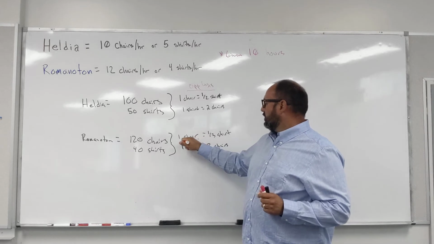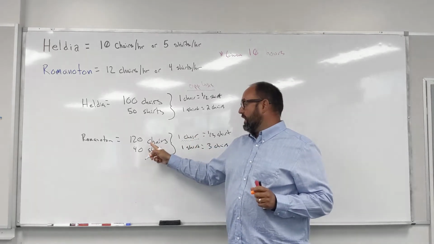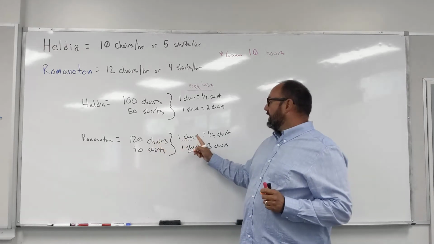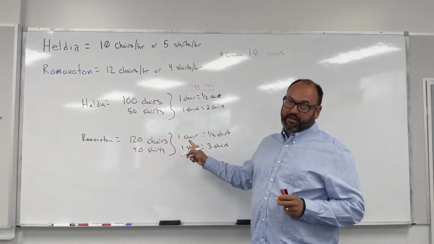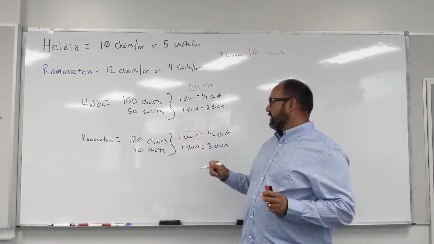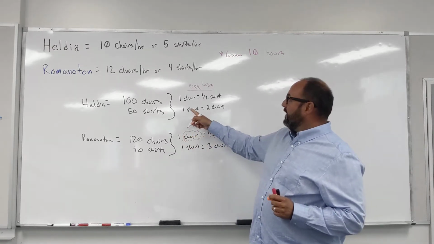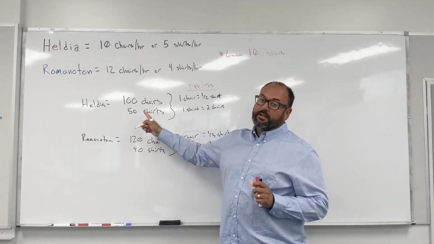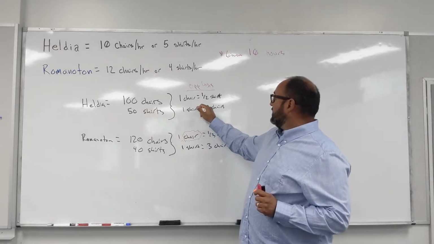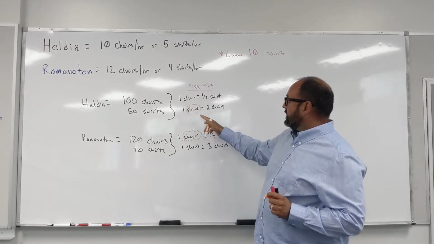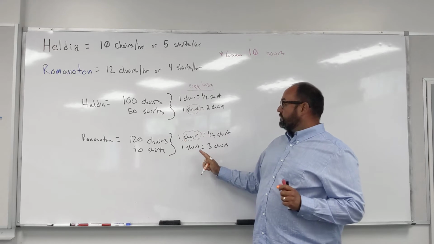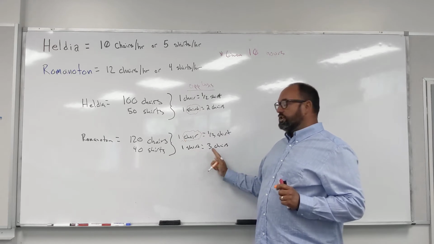Now we know that not only does Romanoton have the absolute advantage, meaning they can produce more, but they also have a comparative advantage, meaning they are more efficient at the production of chairs. Whereas Heldia also has the absolute advantage in shirts, but also has the comparative advantage in shirts. Because for every shirt they make, they're only giving up 2 chairs, whereas Romanoton gives up 3 chairs for every shirt that they produce.